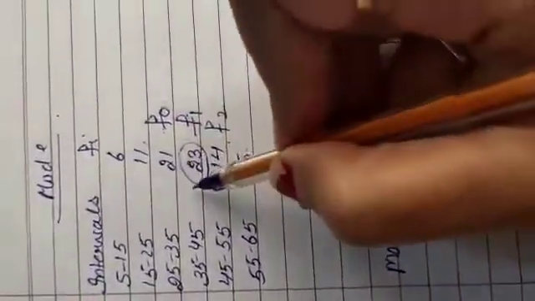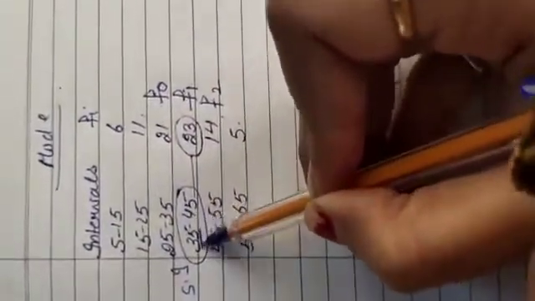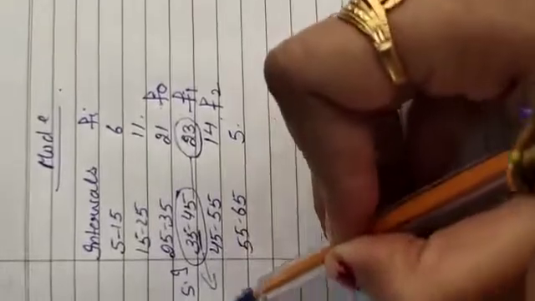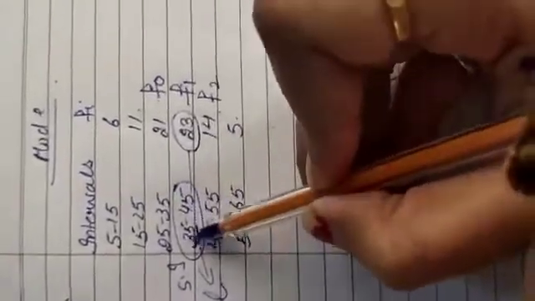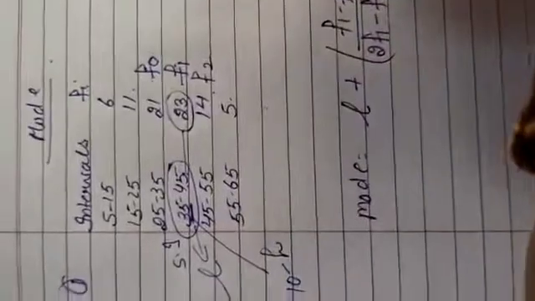Now the interval opposite f1 is known as the standard interval, and its least value is known as L, and the width of this interval is known as h. The least value is 35, so that is L.